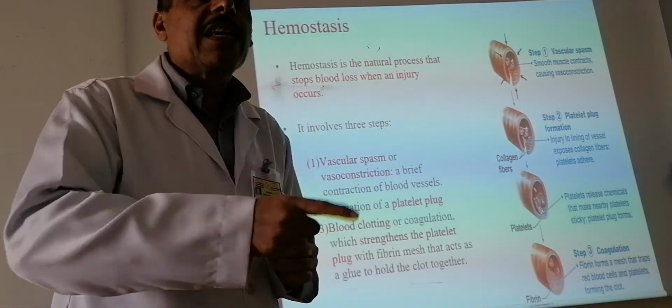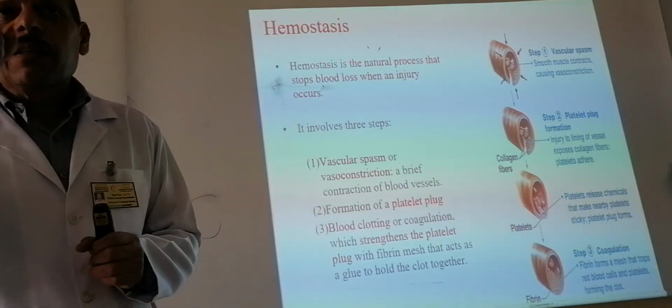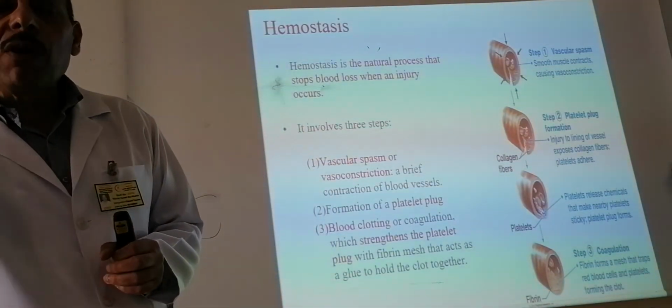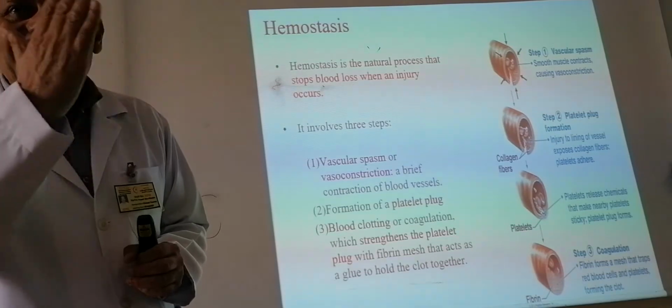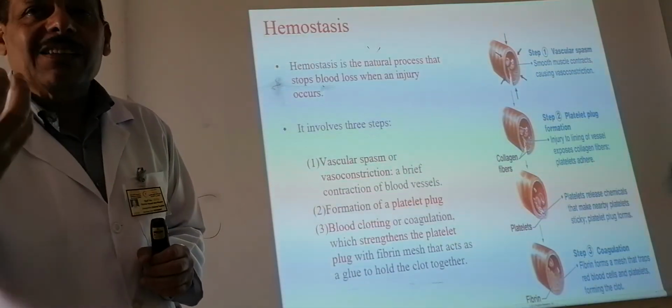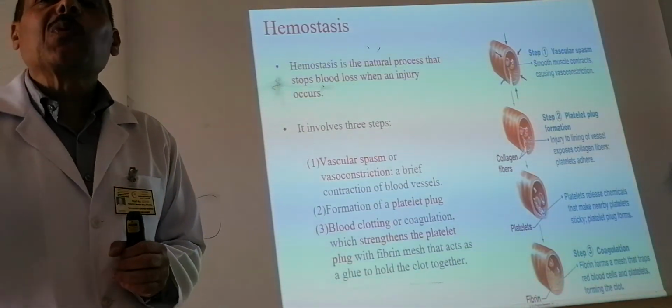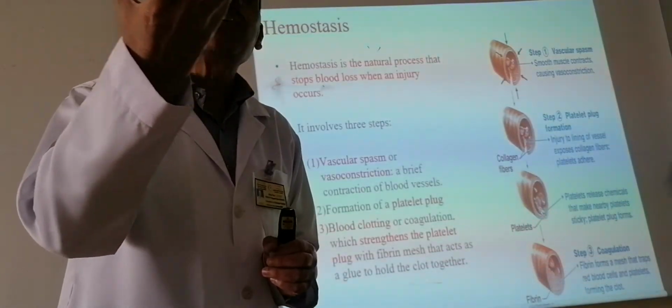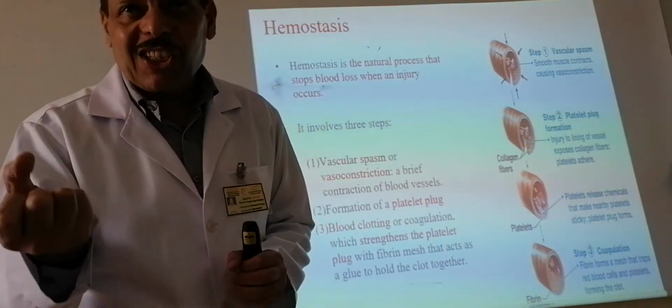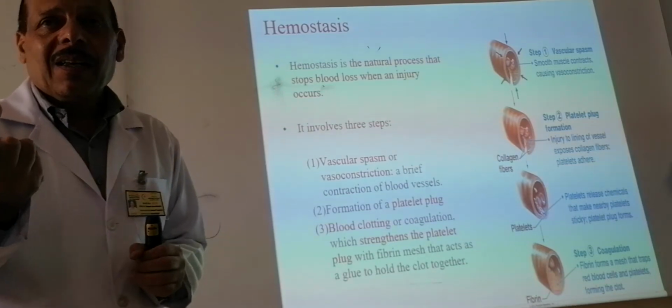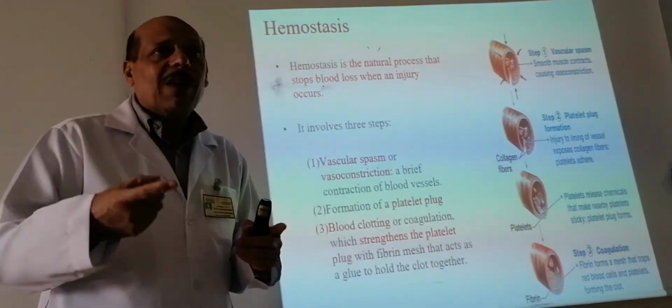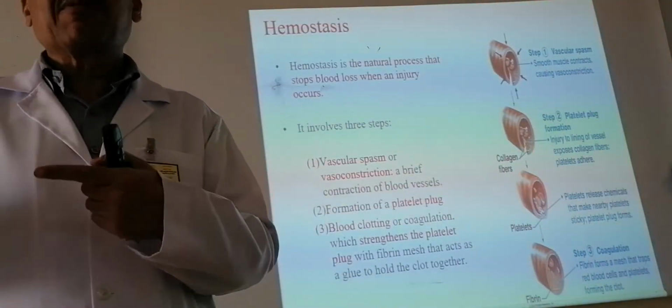Whenever an injury is there, chemical substances will be released from the injured tissues. Those chemical substances will lead to stimulation of vasoconstriction. And all of it is chemical processes.